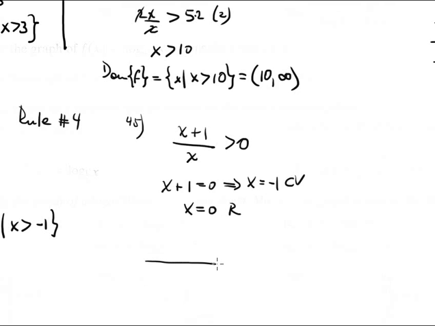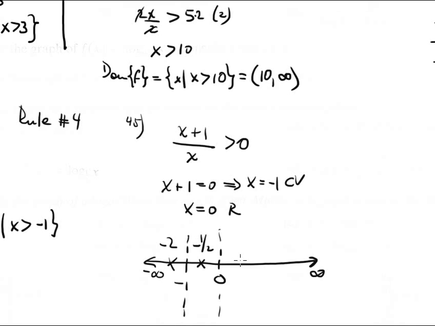Let's do it in the partition. The partition is negative infinity, negative 1, 0, and infinity. The testing points may be negative 2, negative 1/2, and positive 1.